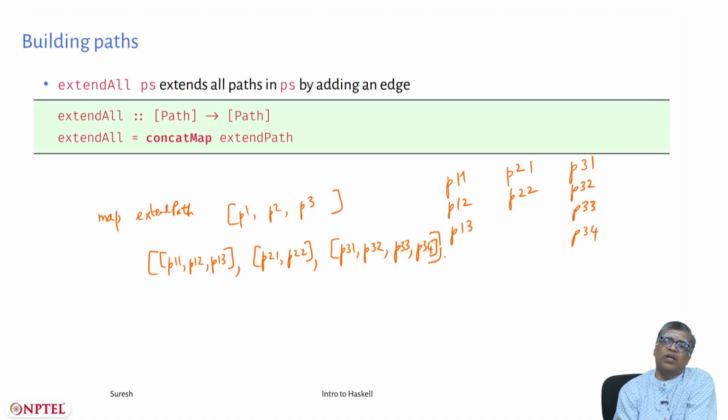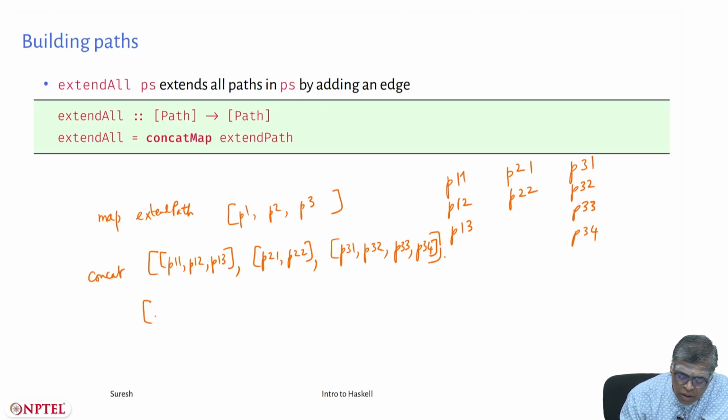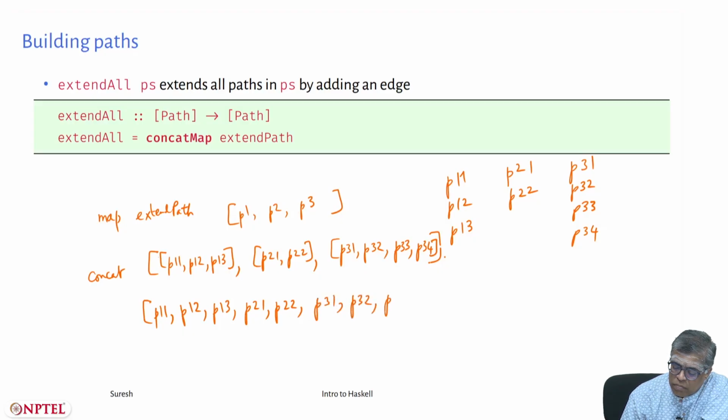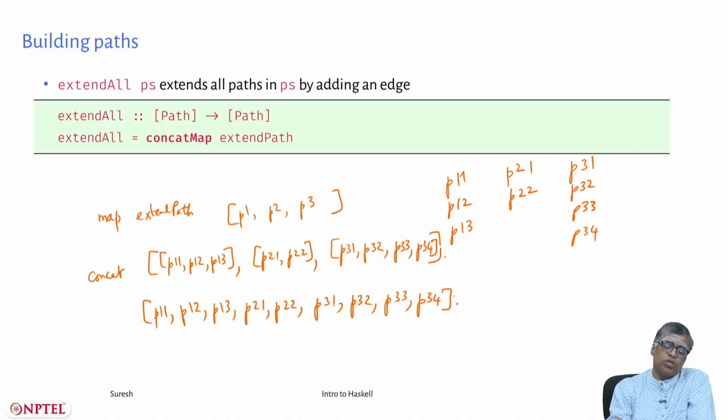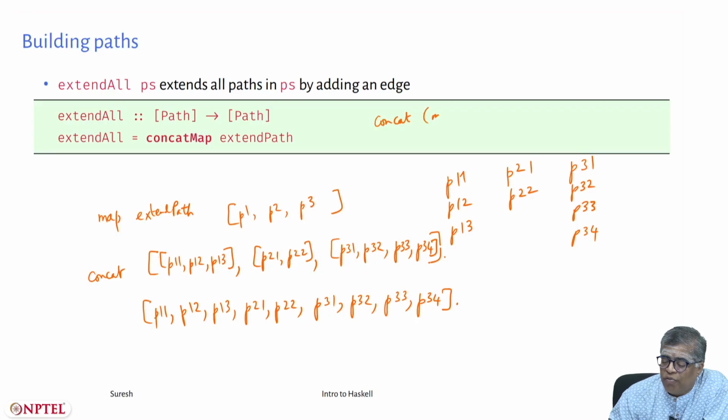These are all the paths of length k plus 1. But now I have a list of lists of paths. Instead, I just want a list of paths. So I will concatenate. Concat of this will give me P11, P12, P13, P21, P22. Right? So I would have to say concat of map of extend path.